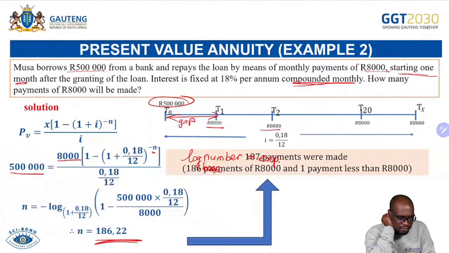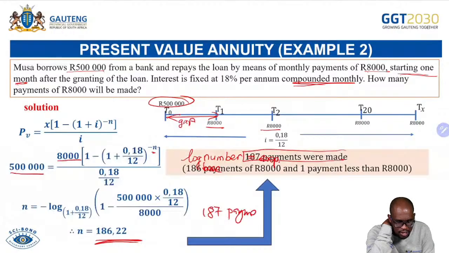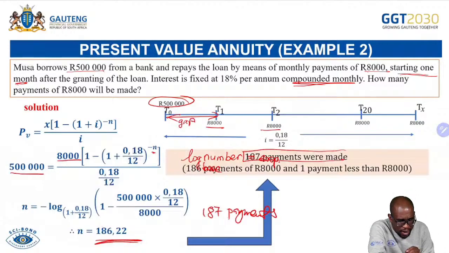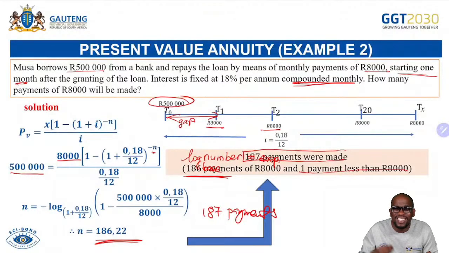It means that you have 187 payments that were made, because there is no fraction of a payment. What it means is 186 payments of 8,000, and there is one payment that is less than 8,000. The last payment is less than 8,000.